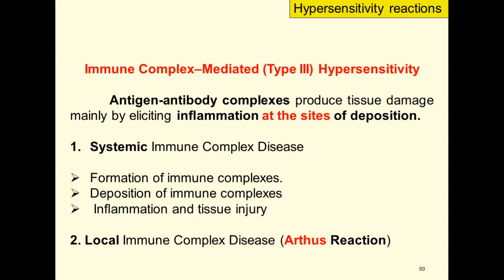And logically, the first barrier, the first border will be the wall of the vessel. That's why we have two types. So first of all, this is systemic hypersensitivity and local, so-called Arthus reaction.